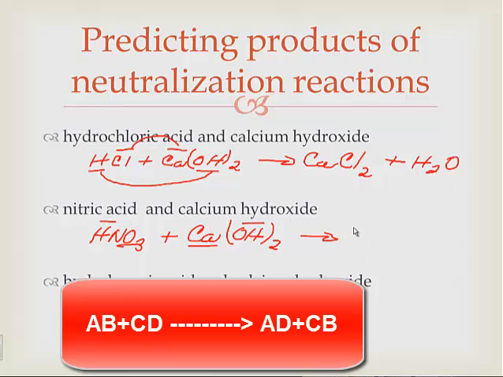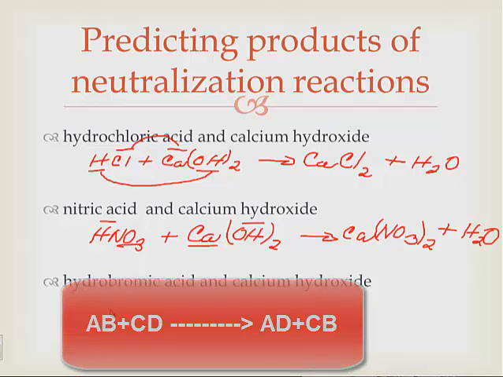So we're going to rewrite that. Calcium, NO3, but calcium is a +2, so it will look like Ca(NO3)2, plus HOH, which is the same as H2O. It's another neutralization reaction, also called acid-base reaction.